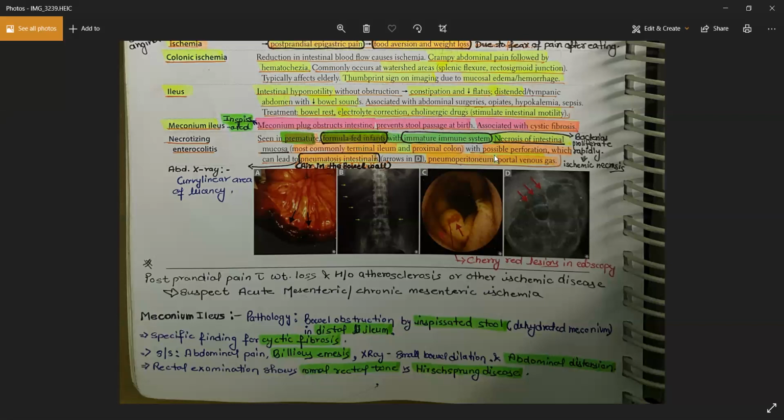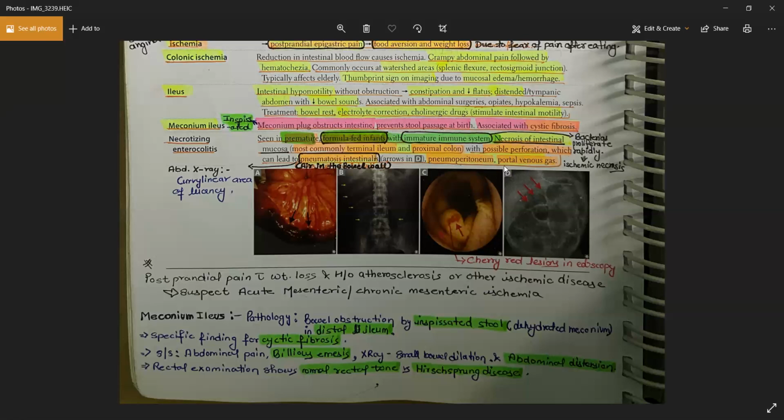Sometimes perforation can also happen, and when perforation happens, it can lead to peritonitis, with guarding and rebound tenderness. You will have pneumoperitoneum, which is free air in the peritoneum. You can also have portal venous gas, gas in the portal venous system.